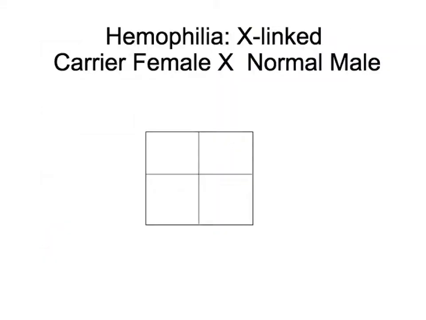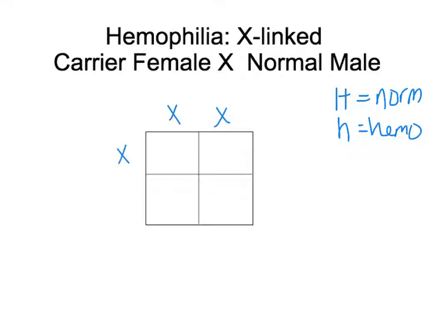In this next example, I'll rewrite our genotypes here. For hemophilia, the capital H exhibits the normal condition, where the recessive allele indicates the disease of hemophilia. We will fill in the mother and the father on our Punnett square.